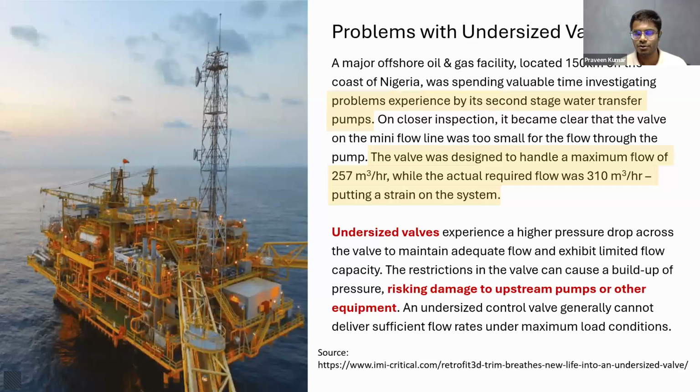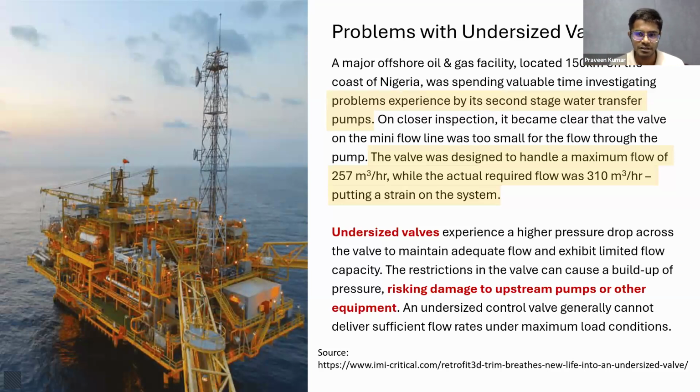Before we start with understanding what valve CV is, I want to present a few facts, food for thought. I pulled out a piece of news from an article. A major offshore oil and gas facility experiences a frequent problem with its second stage water transfer pumps.